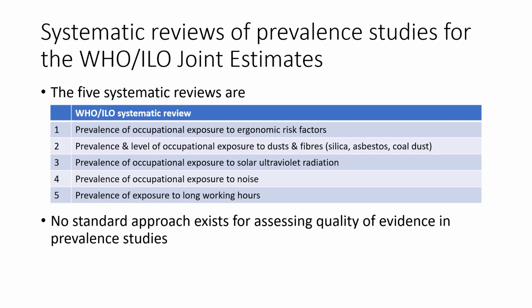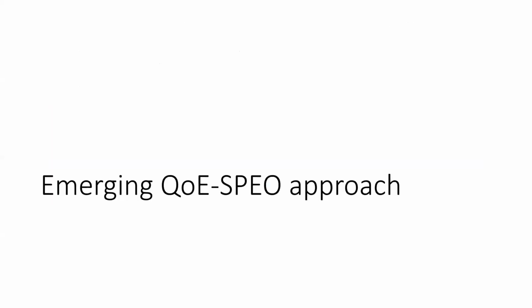When we started developing the methods for these systematic reviews, we realized quickly that currently there seems to be no standard approach for assessing quality or certainty of evidence in these prevalence studies. So as an attempt to address this methodological gap, we started developing the QSPO approach.